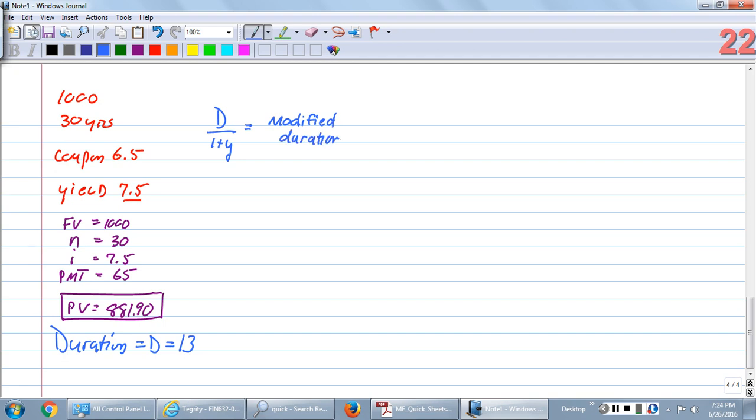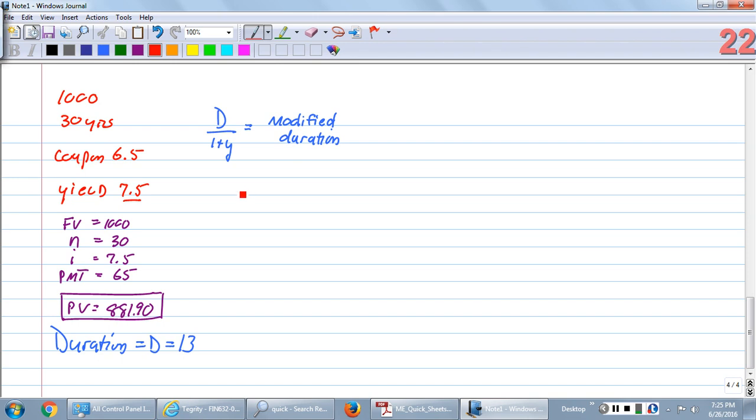And modified duration is kind of a cool tool also, because here's the relationship. Here's what modified duration does for us. If we want to estimate how much a bond is going to change in value when interest rates change, we can use modified duration. I mean, we already know if interest rates go down, value is going to go up. Interest rates go up, value is going to go down. But how much will it go up, or how much will it go down? That's what modified duration is going to help us understand.